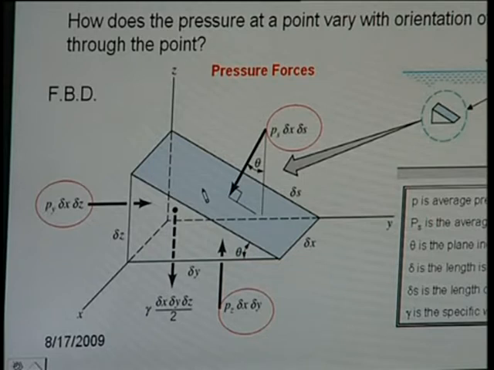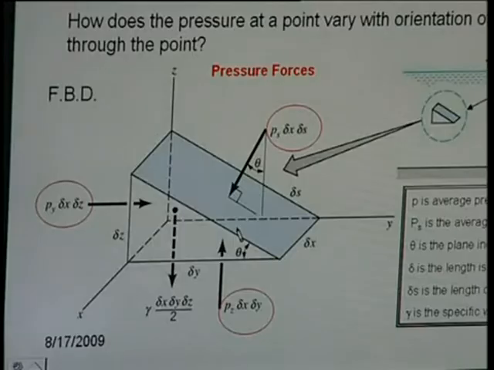Body forces are those forces which are proportional to the mass of the fluid element, like gravitational force; acceleration force is also a kind of body force. So we will draw all the forces applied by the surroundings on this element in the form of surface force or body force.